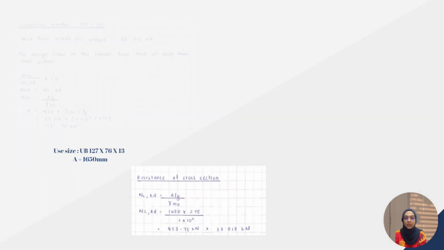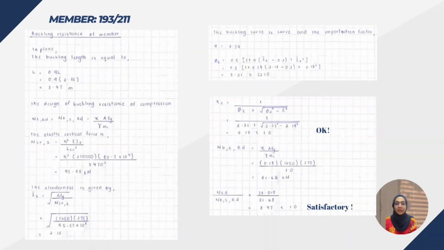Next, for resistance of cross section, the NCRD value is 453.75 kN which is bigger than 38.018 kN, so the value is accepted. Next is buckling resistance of member for in plane. The buckling length is equal to 3.47 meter and for the NCRZ the value is 95.88 kN. For the slenderness, the value is 2.18.